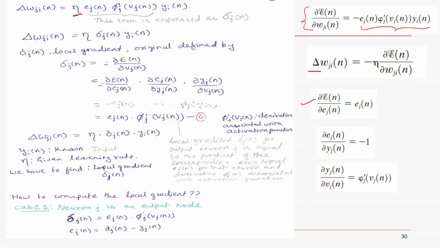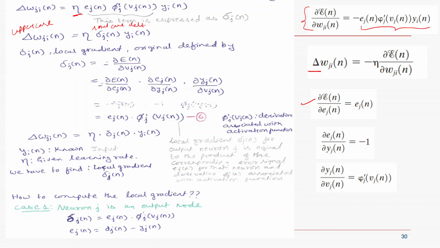Therefore, now we will call this entire term, Ej of n times phi dash j of Vj of n, as delta. That is small delta. Sometimes we also call the other one a delta, but that is uppercase delta, and this is lowercase delta.